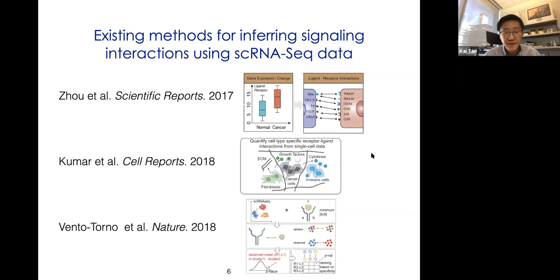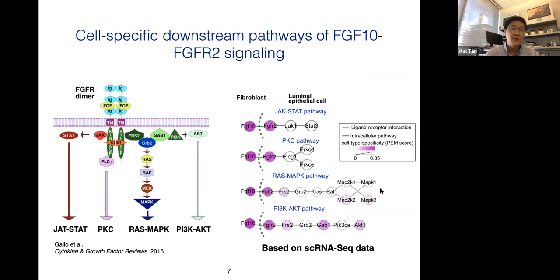They're trying to identify, as shown in this cartoon, cell type specific ligand receptor gene expression pairs.